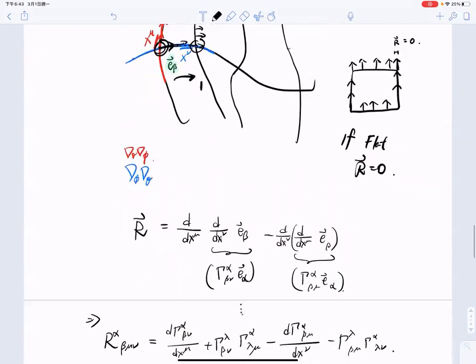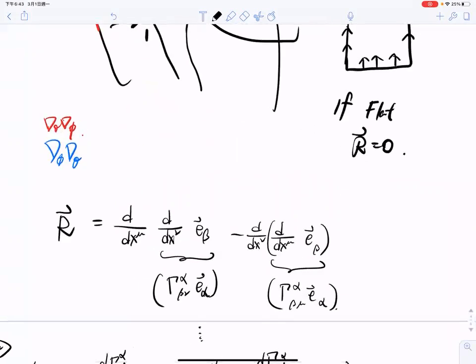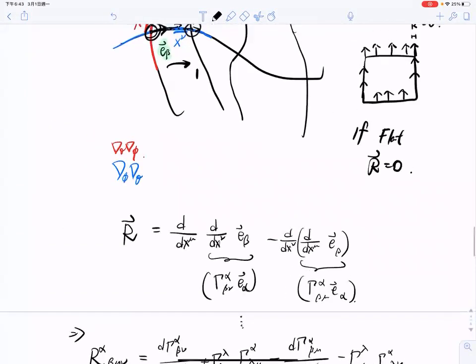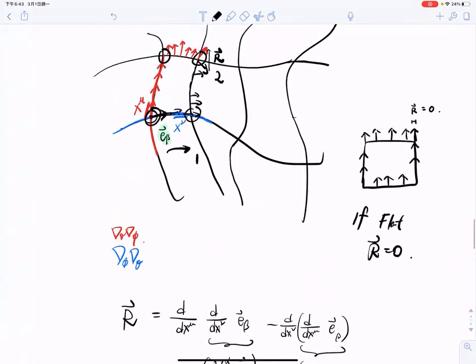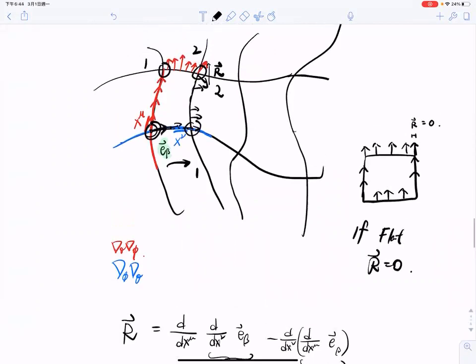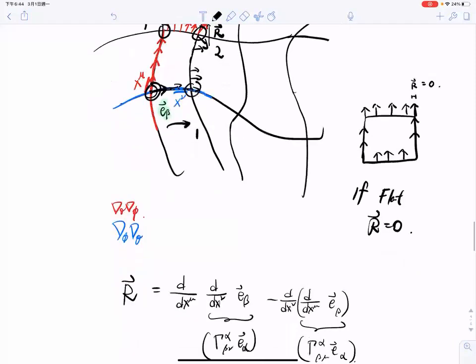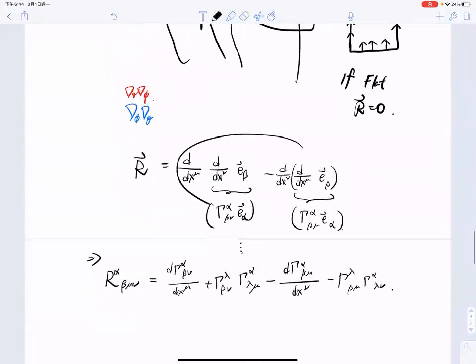Minus the differences with mu and nu. So along the mu, the first step and the second step, 1, 2, and here is 1, 2. Two different paths with different coordinate transformations in different order.